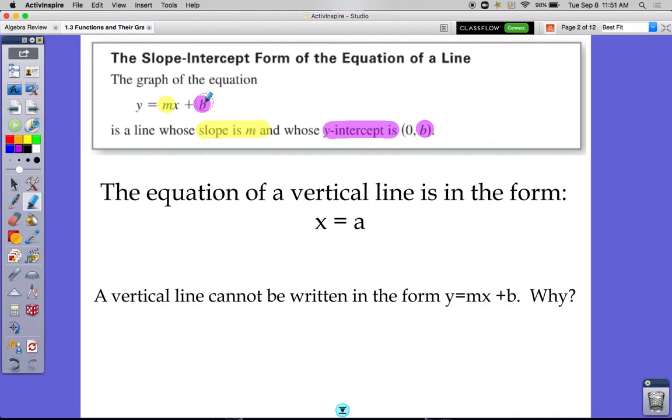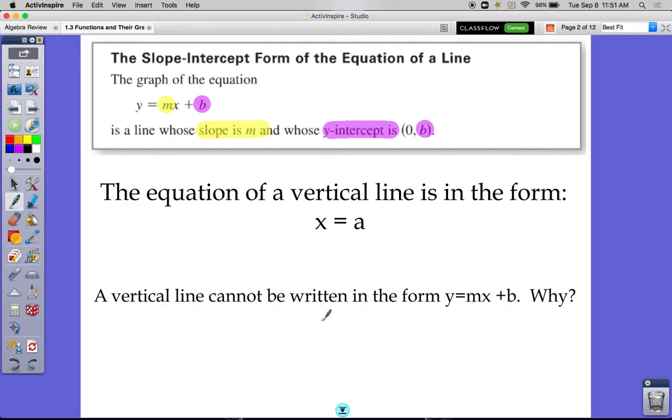And why is that? Why can a vertical line not be written in the form y equals mx plus b? Why is it just x equals a? What we look at in those situations is the fact that in a vertical line, x equals just the number.